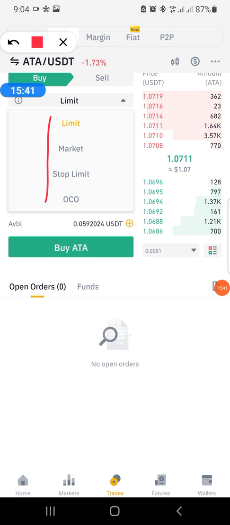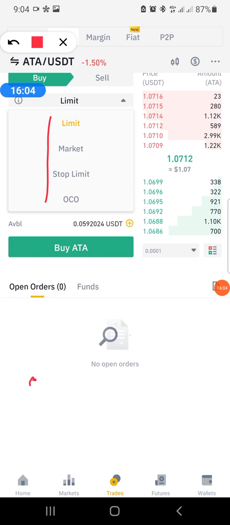What is a limit order? A limit order is a type of order that purchases at a particular price. In placing a position based on a limit order, the price is defined. You define the price.